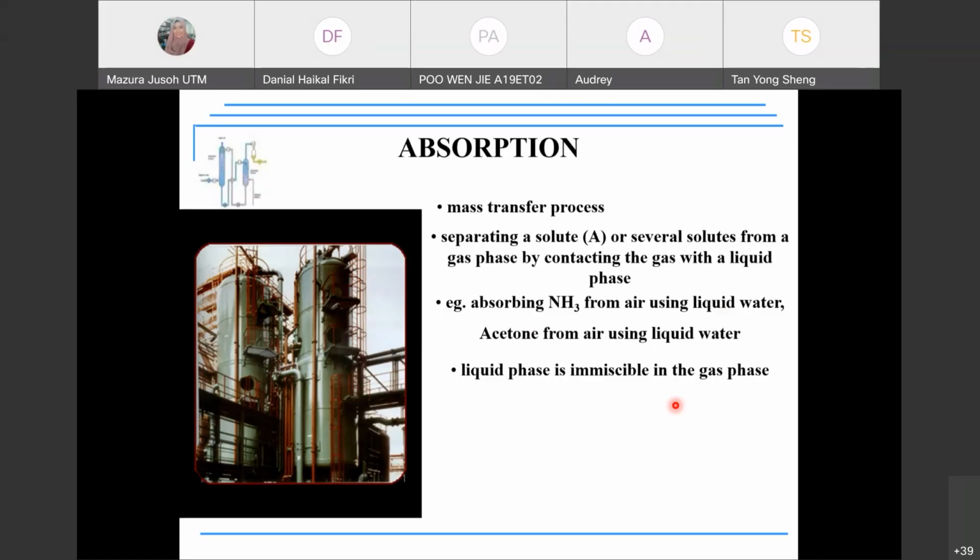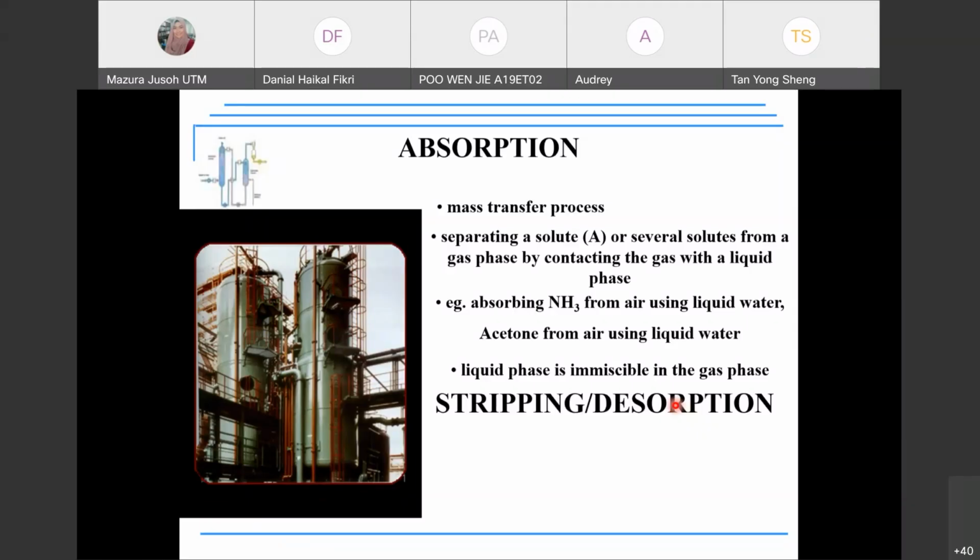The C, or the liquid, will not be mixable in B. That's an assumption that you will make. So the only thing that's moving is the component you want to separate, in this example component A. Component A is the only component that is moving from one phase to another, or from one carrier to another. All right, so that is absorption.